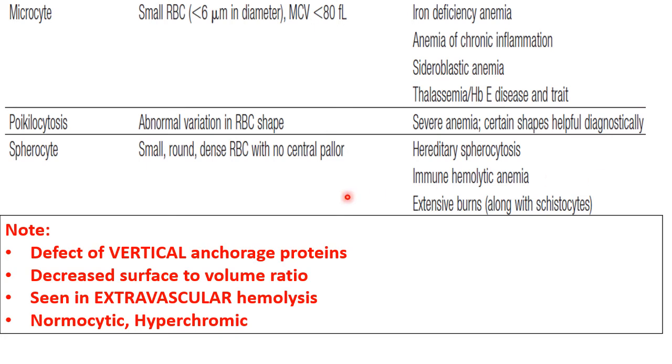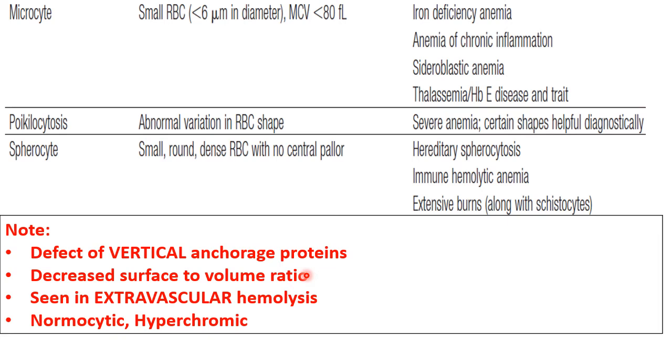So, spherocyte, no? It is commonly seen in hereditary spherocytosis. Ano ang meron kay hereditary spherocytosis? Has a defect in the vertical anchorage proteins. Tatandaan nyo to back in the first part of the lecture. Okay? Ang problem dito is that it has a decreased surface ratio. Okay? So, mas madaming laman as compared dun sa size niya.